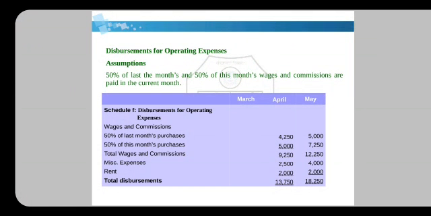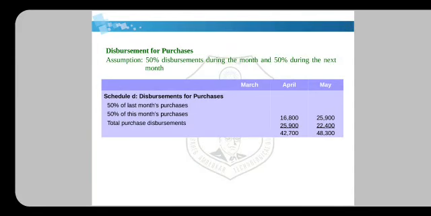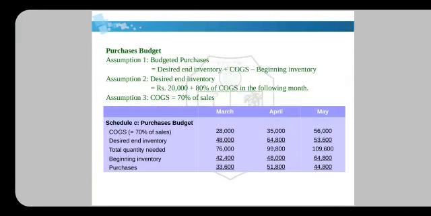Now disbursement for operating expenses. The assumption given is 50% of last month's and 50% of the month's wages and commissions are paid in the current month. So this is schedule F. Disbursement for operating expenses, wages and commissions, 50% of last month's purchase. So we know what the purchase is. The total purchase and disbursement is given here, and purchases are given here.